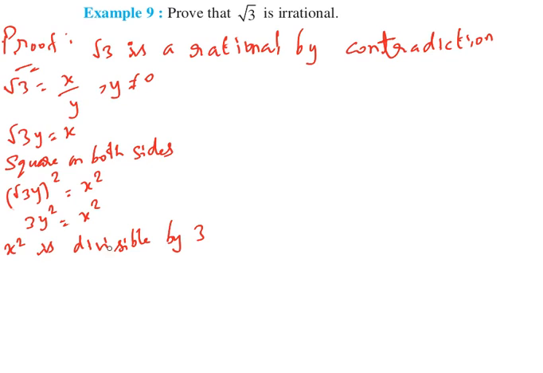So if x square is divisible by 3, definitely x is also divisible by 3. So x square can be written as 3 times some number, and x can be written as 3k.